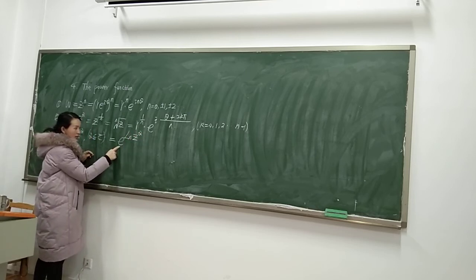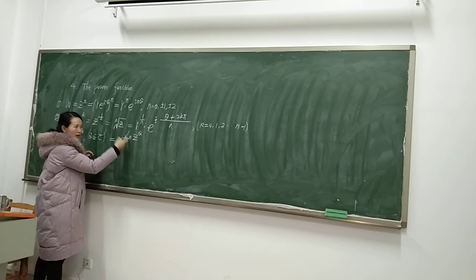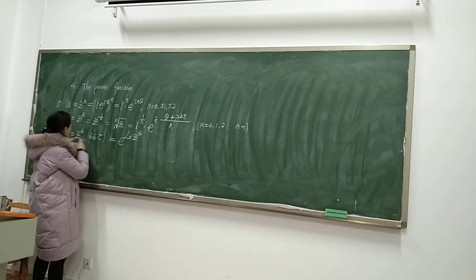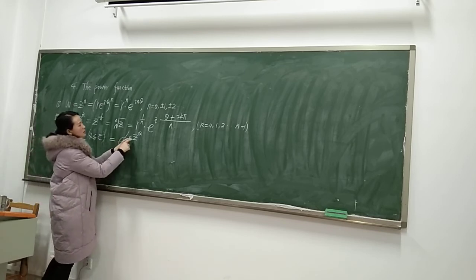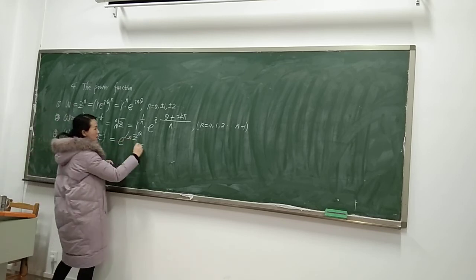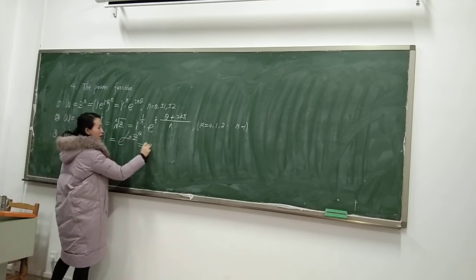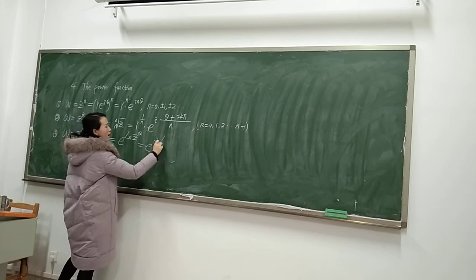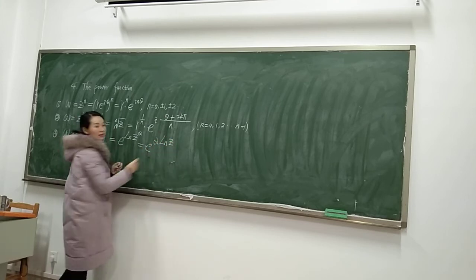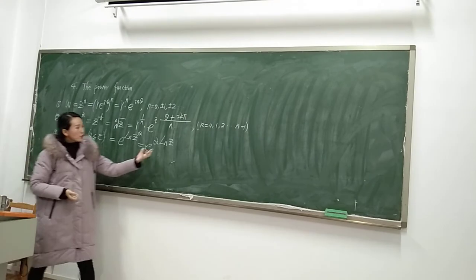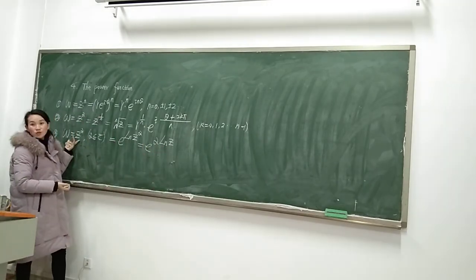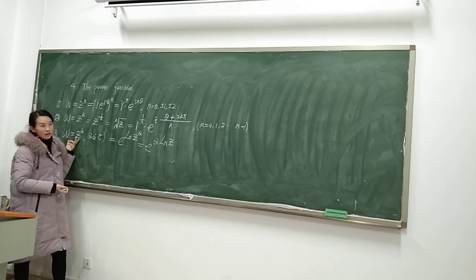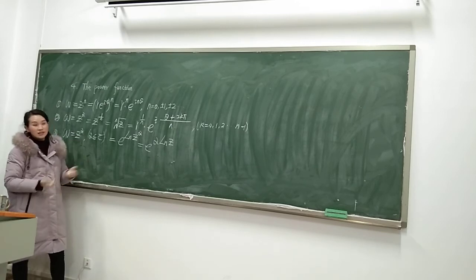This is e, this is ln, so they cancel. So omega equals z to the alpha. You can write e to the ln z^alpha, and ln z^alpha you can write as alpha ln z. So if you can compute this one, you can also compute this one. Okay? So I think it's easy.